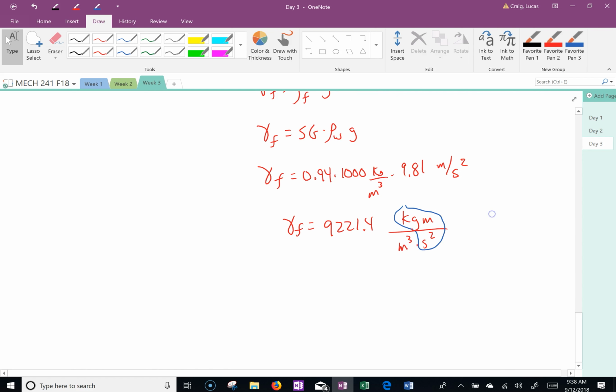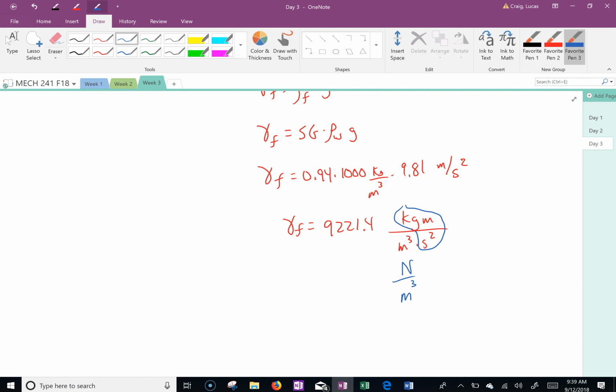So technically, this is a newton over a meter cubed. This is probably the hardest for students to grasp, is how to combine units. Trust me, it's just going to take some time. Okay? If you're here and you're stuck, this is great. Then you can just email me or ask me or ask someone else, okay, what do I do? Because that's where the learning then comes in.